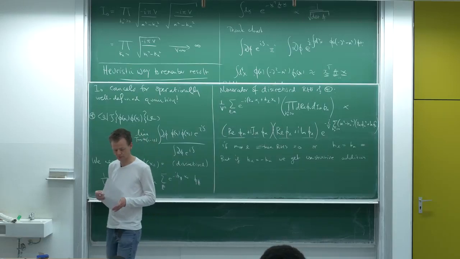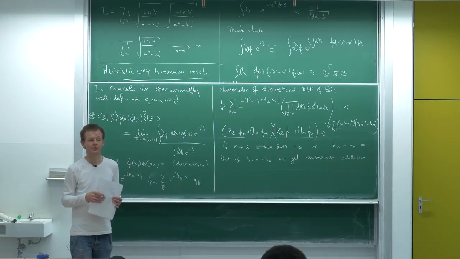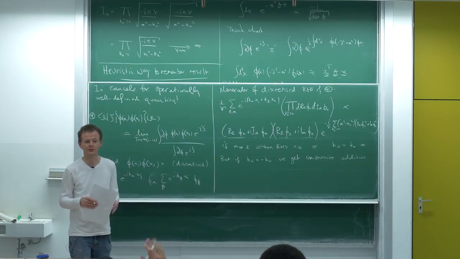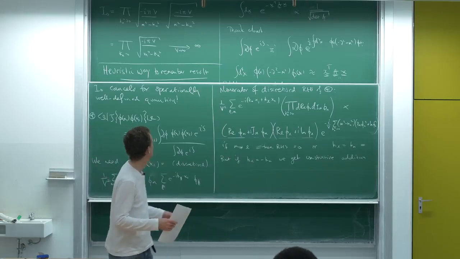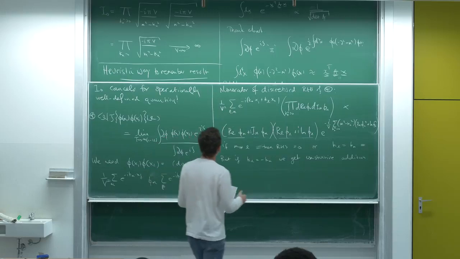So the only time we have to worry about the integral is when km equals minus kl. Yeah, question? Isn't there an integral missing in the product? Oh yes, thank you.